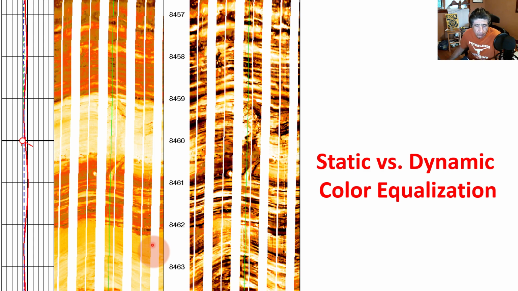Because of that, you have a more dynamic, less saturated color scale, and we can better see certain features on the borehole images. So just bear in mind that very often these borehole resistivity images are displayed either with a static color scale or with a dynamic color scale.